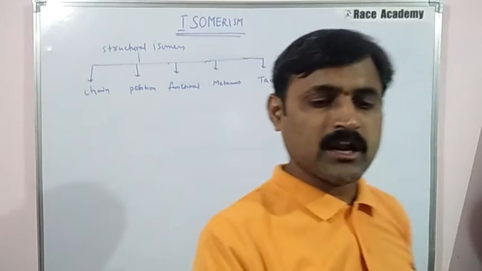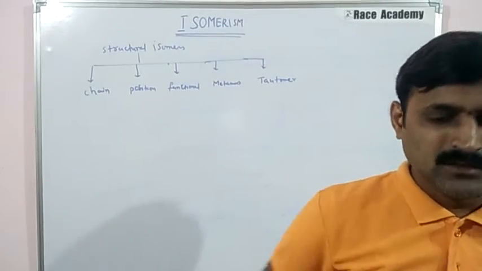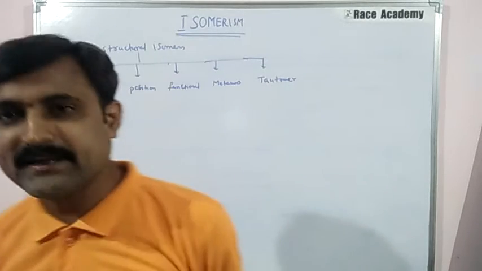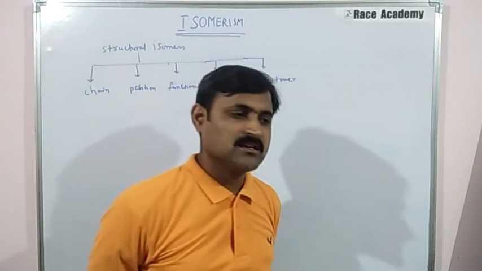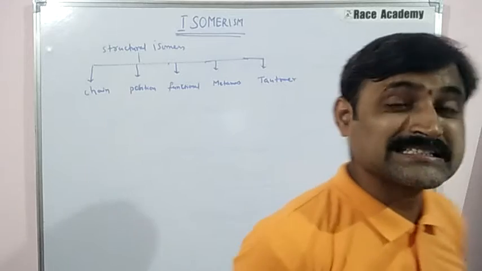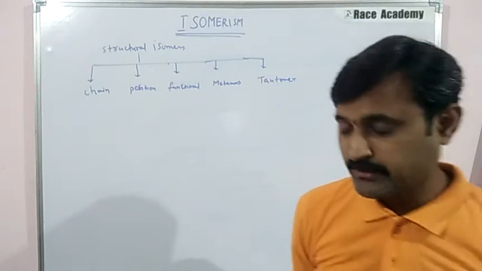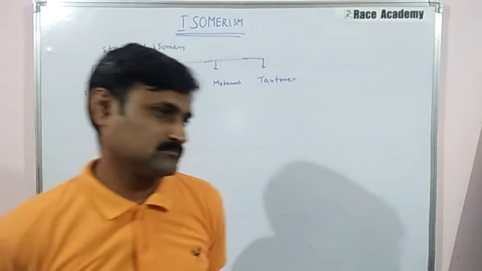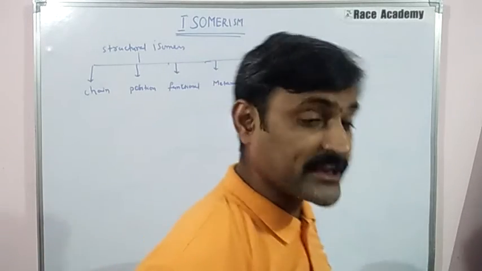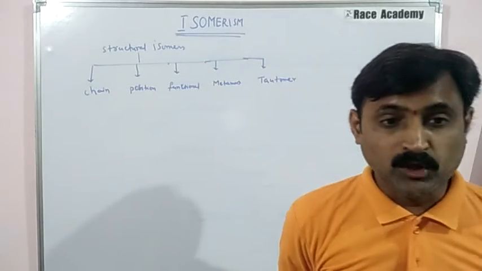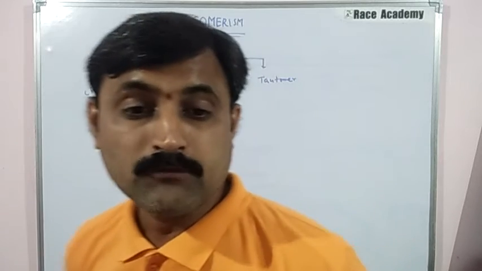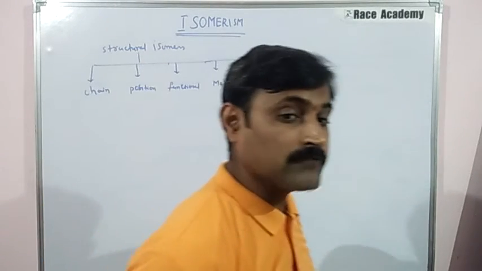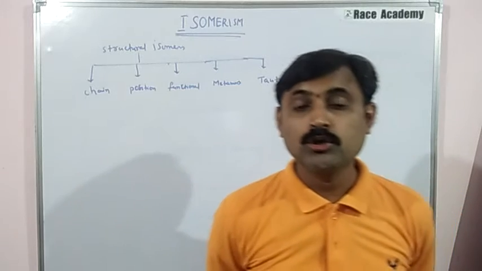Chain isomerism, as the name itself stresses, means they have different carbon skeletons, particularly different parent chains. Among such isomers, the functional group present is the same and its position is also the same.